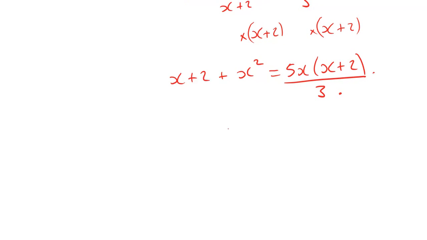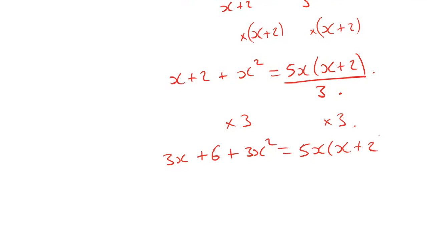Step number 3, we're going to multiply everything on both sides by 3. On the left-hand side, we're going to have 3x plus 6 plus 3x squared. On the right-hand side, we are going to just get rid of that denominator. We're going to end up with 5x, x plus 2.